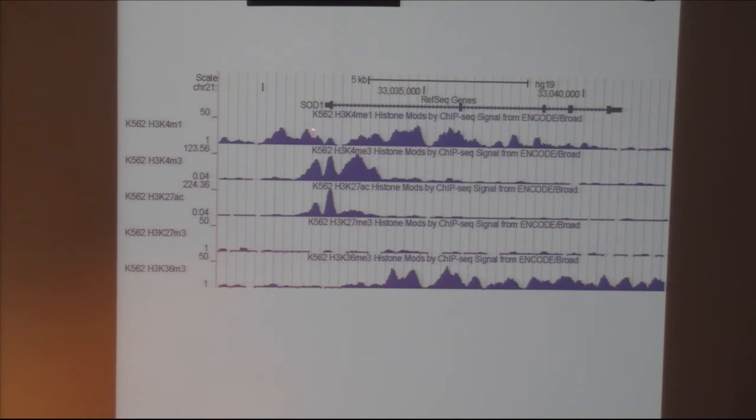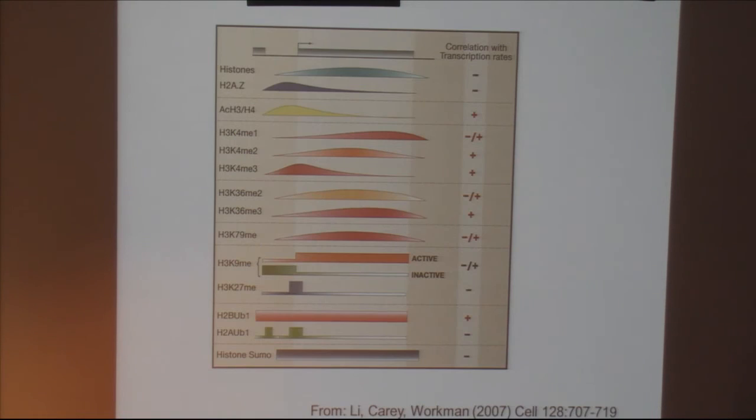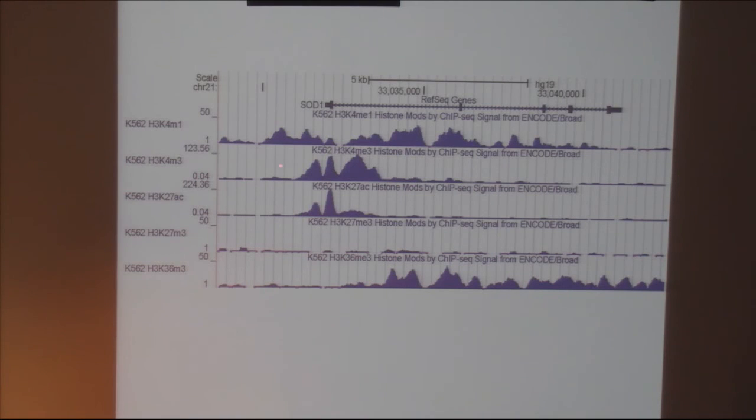So this particular modification is present not only here in the beginning of the gene, but also in what we call the gene body. This other one, H3 lysine 4 trimethylation, I just pointed out to you that this is connected to transcription, and it tends to be high at the beginning of the gene in the promoter. H3K4 trimethylation, we see exactly here in the promoter region, and then it disappears again.